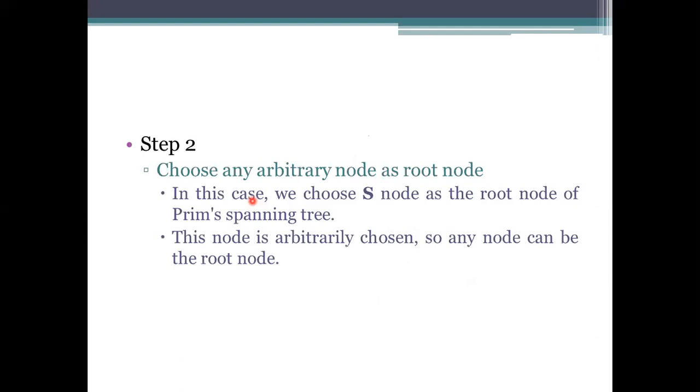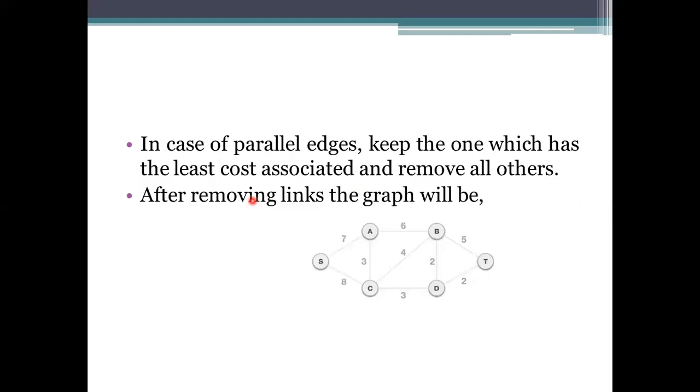So we took S here, and S has been specified as the root node. Why are we choosing this root node? It is arbitrarily chosen. It is not required that it should be the root node. Arbitrarily, this will act as a root node and it will help you to connect to the remaining ones.